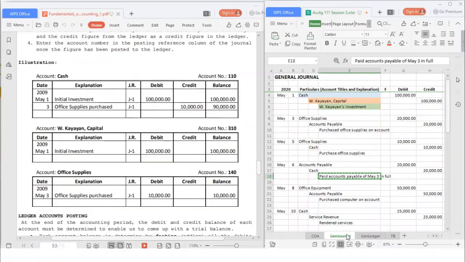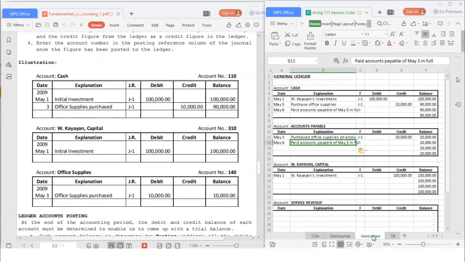The amount is 20,000. So, we debit accounts payable and we credit cash. As you can see, your accounts payable is now zero. Then, your cash becomes 70,000.